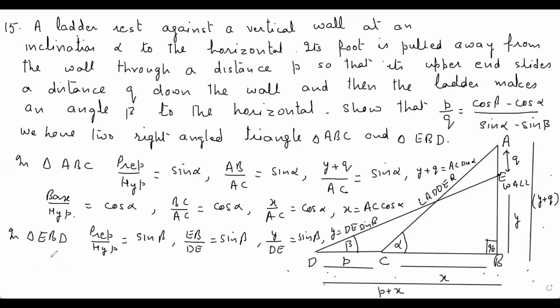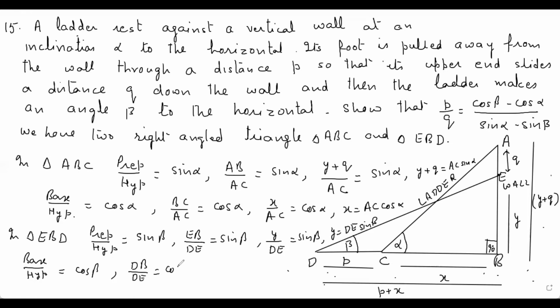Now again in this triangle, base upon hypotenuse is equal to cos beta. Base here is DB, hypotenuse here is DE.